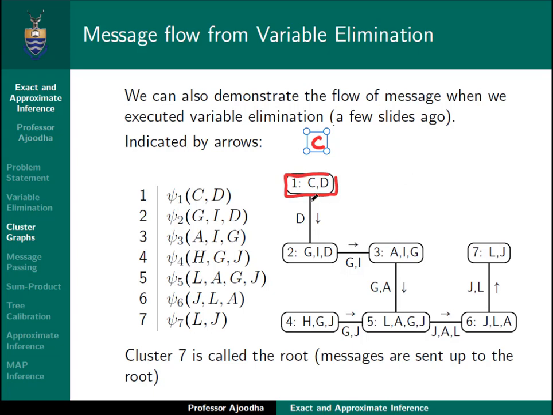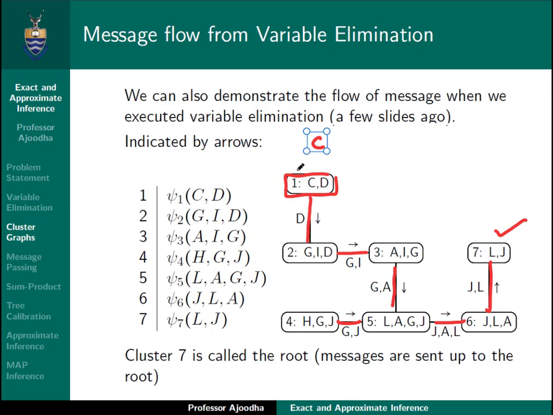Okay, then we eliminated C, and we had a tau with a scope of D, which went into the next set of factors, which we multiplied. And then we eliminated D from that. And then we eliminated something else, and something else, and something else. And eventually we ended up with our J at the end of it.